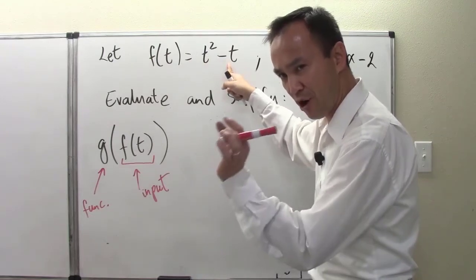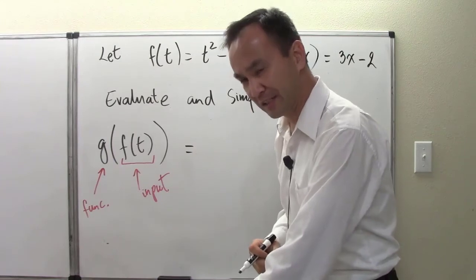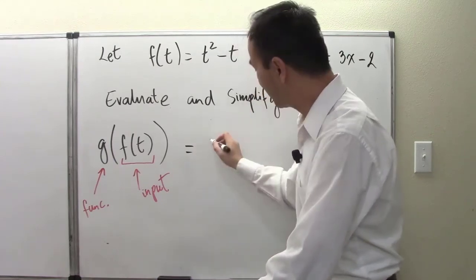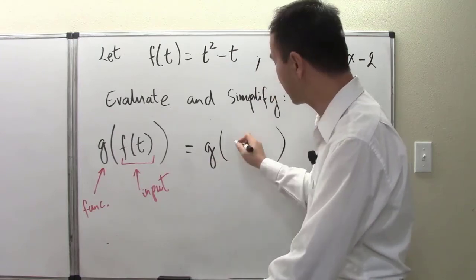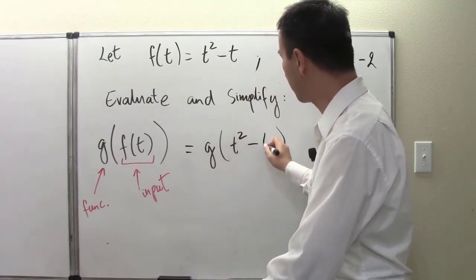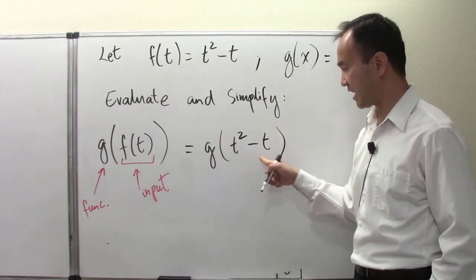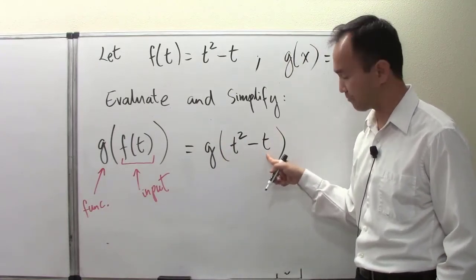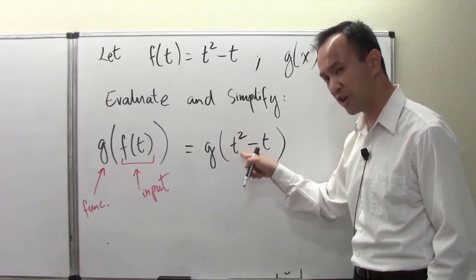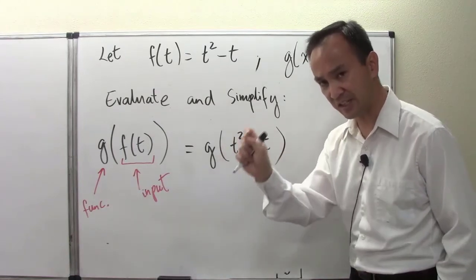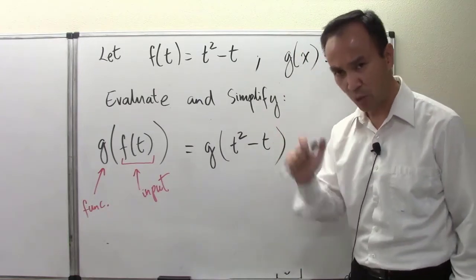So consequently, I have my mathematical right to rewrite this as the function g, but taking as input the expression t squared minus t. The function g takes that expression t squared minus t as its input.